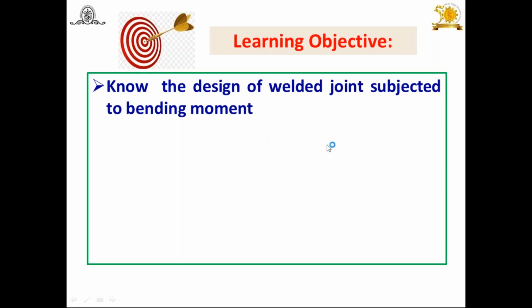Try to understand, this is case number 2: design of a welded joint subjected to bending moment. In the last session, yesterday, we saw a welded joint subjected to eccentric load in the plane of the weld. Because of that eccentric load, we replace the load by taking its position at the CG, and primary shear stresses are induced. Then the couple P into e acts on the throat of the weld, and secondary shear stresses are induced.